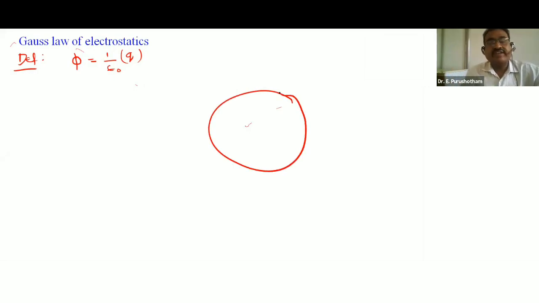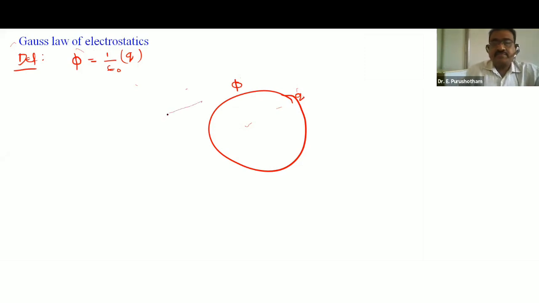You can take any shape. The total flux in this closed surface is phi, and the total charge is Q. Then we can define the total electric flux phi through a closed surface enclosing a charge is equal to 1 by epsilon naught times the magnitude of charge enclosed in it, that is called Gauss law of electrostatics.